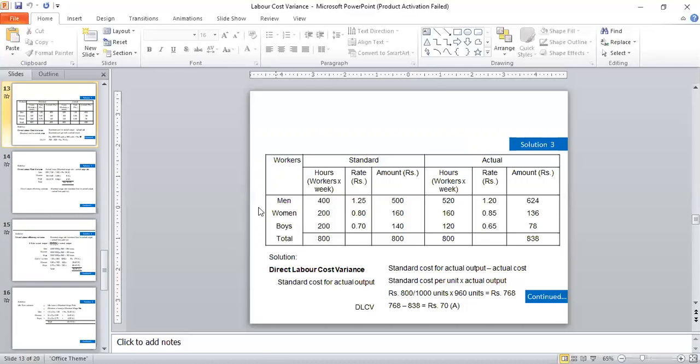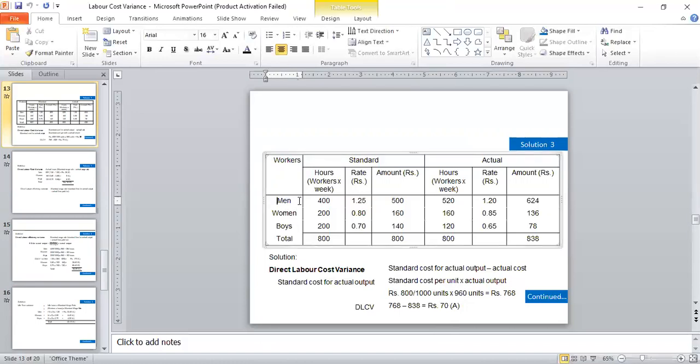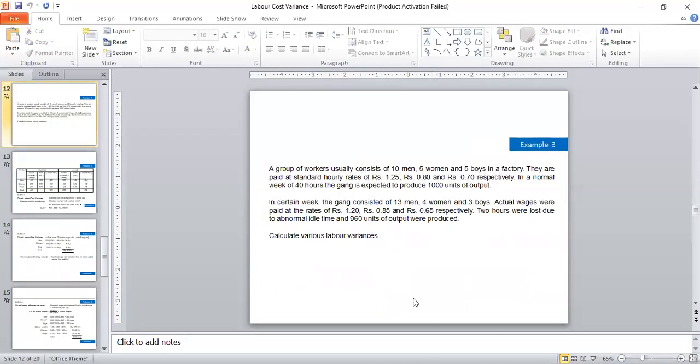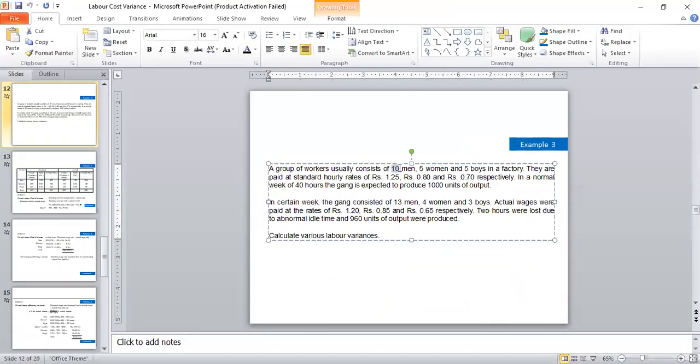We see we have three types of workers in the mix: men, women, and boys. The standard composition, as we see from the example, is 10 men, 5 women, and 5 boys for 40 hours in a week.